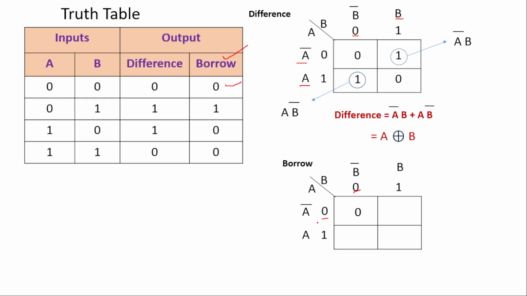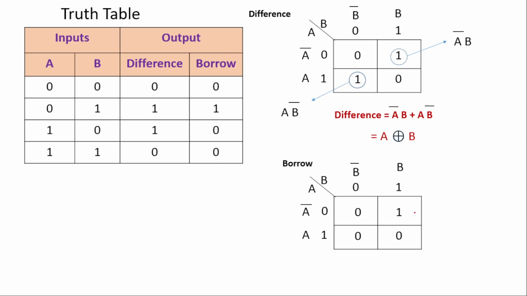When A is 0 and B is 1, the borrow is 1. So 1 is written. The third case, A is 1, B is 0. So it intersects here. And the value of borrow is 0. And the last case, when both A as well as B are 1, the value of borrow is 0.